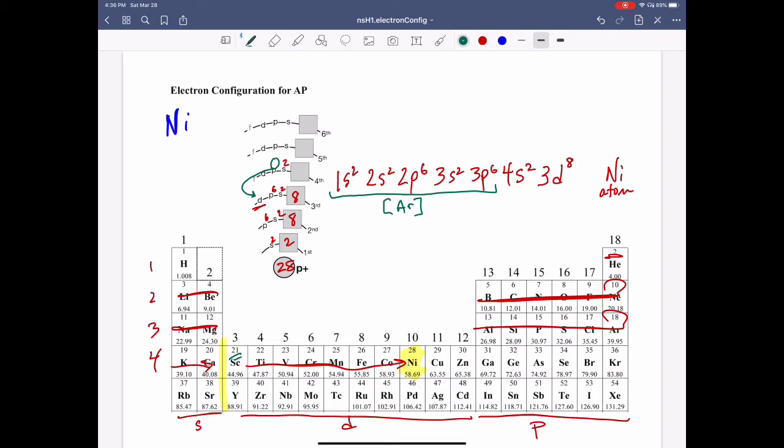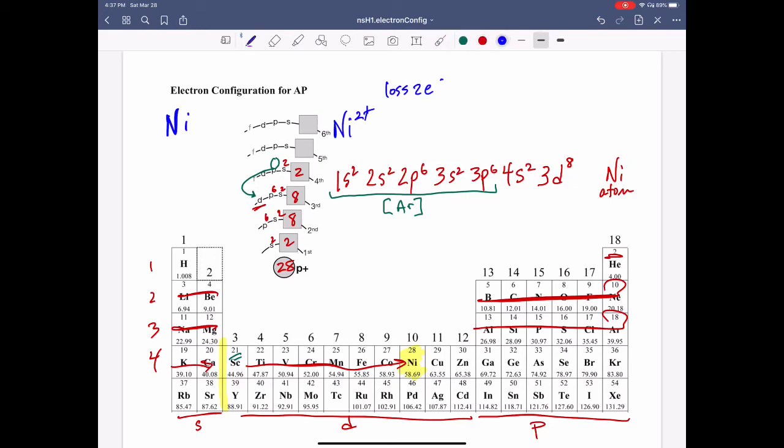Now, what happens when nickel turns into, let's say, nickel 2+? That is a loss of 2 electrons. And those 2 electrons, I never parked them out here in the fourth energy level. The electrons that will be most vulnerable to being stolen by some nonmetal will be the electrons in the fourth energy level.